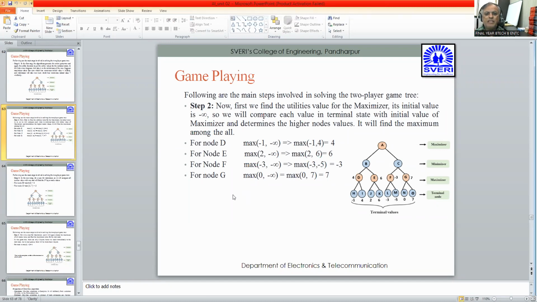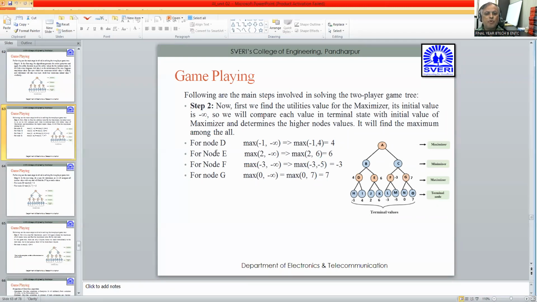Now let us assume that there is a node D. So D will be comparing -1 with -infinity. Then it will take the max. In this case, it will be -1 and 4. So in this -1 and 4, what is the maximum value? 4.